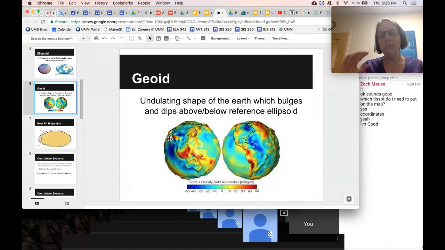And the bumps in the geoid, these are exaggerated here, but the bumps in the geoid are pretty large. In fact, there are parts of the Earth that are many, many meters farther from the center of the Earth than on the opposite side than others. So it is truly very bumpy.